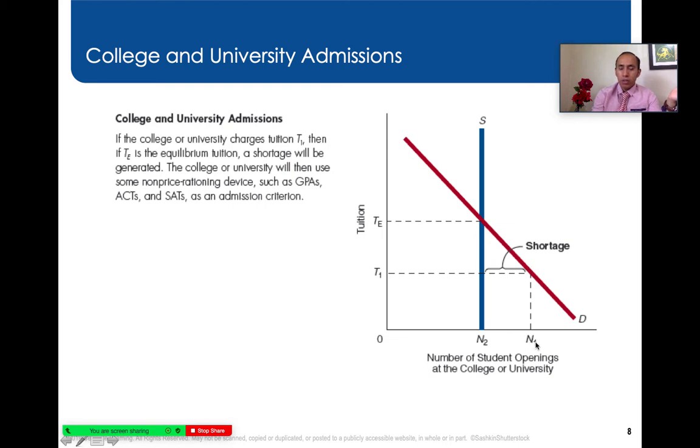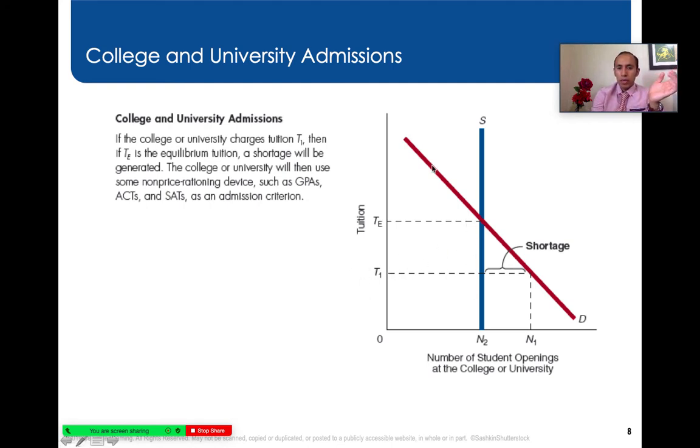The number of students attempting to enroll at this tuition rate, the demand, is N1, which is greater than the supply of available openings in the college. So if we have 10,000 students that are demanding college admissions, every year colleges and universities receive something like 10,000 applications, but they may not be able to take all of them.